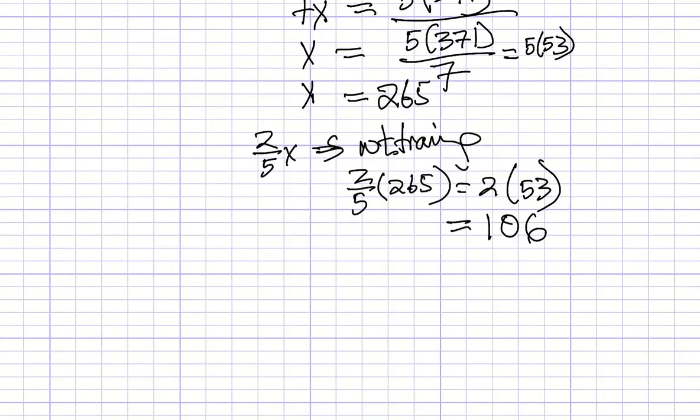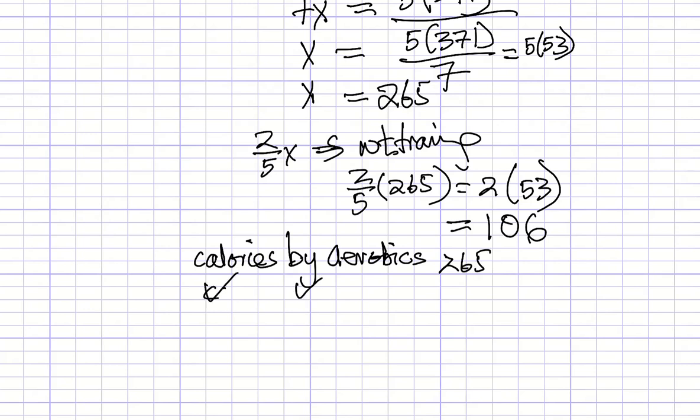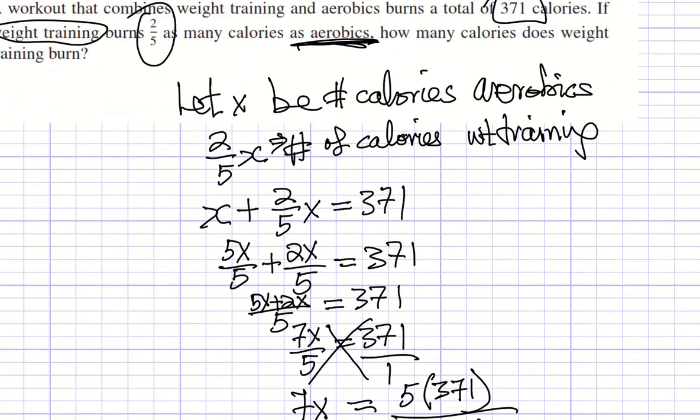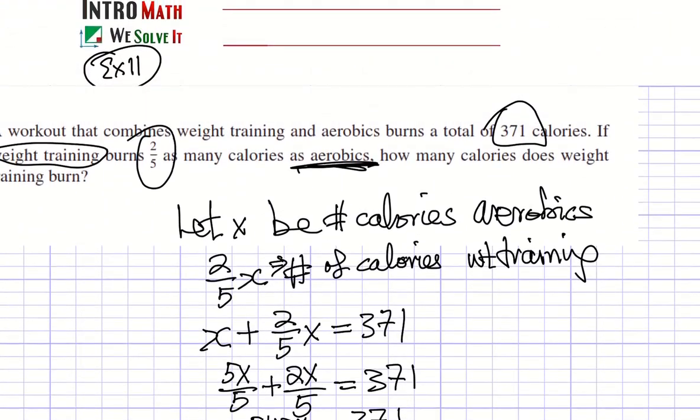So what this is telling us is the calories burnt by aerobics is 265, and calories burnt by weight training is 106. Now they say both of them were equal to what?